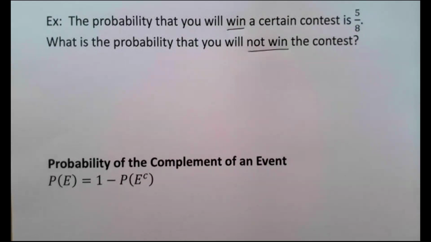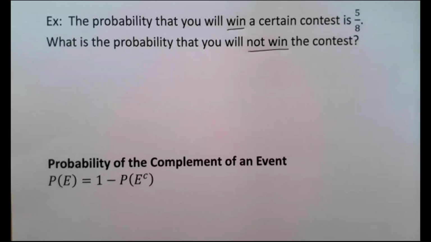It's a very simple question, by the way. I don't even think most of you need this formula. If you win 5 out of every 8 times, how often do you not win? Well, it must be the other 3, right? If you win 5 out of every 8 times, that means you lose or you don't win, right?